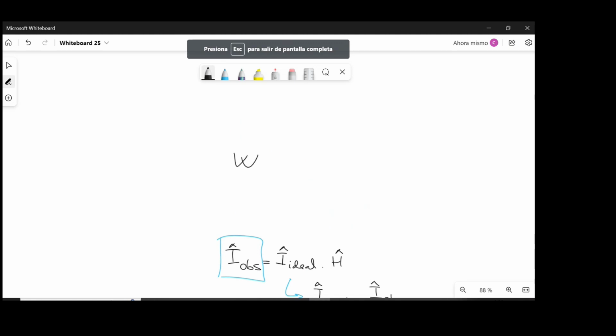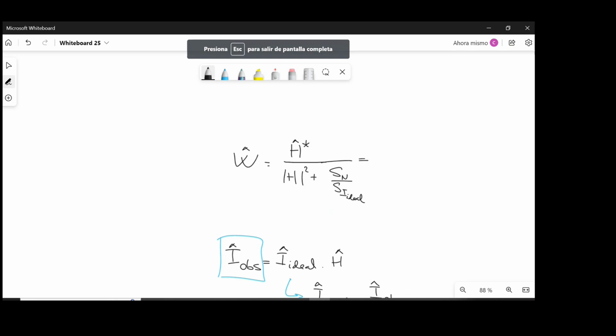The filter that I need in frequency space is H, so H complex conjugate, divided by the squared magnitude of H plus the power spectrum of the noise divided by the power spectrum of my ideal signal.